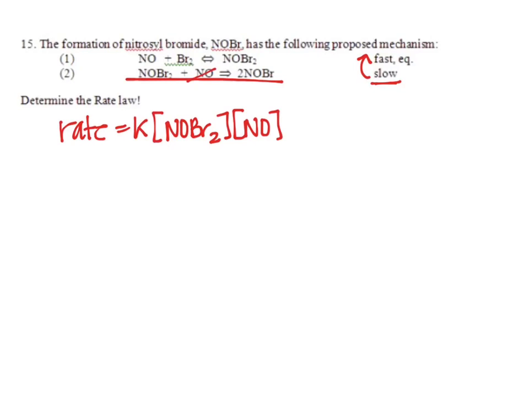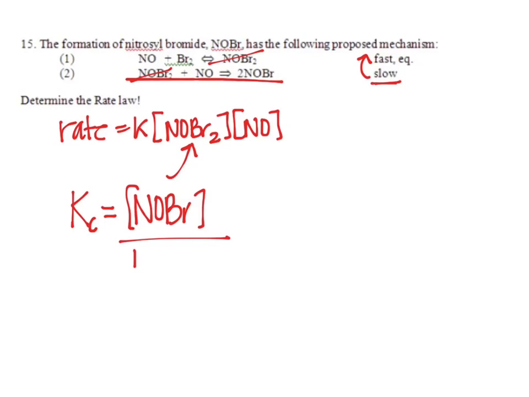NO. Oh, no, NO stays. Br2 goes away. So I need to substitute in for NOBr2. So write your equilibrium expression based on your fast equilibrium. So Kc is equal to NOBr over the concentration of NO times the concentration of Br2. Oh, Br2, yes, sorry.